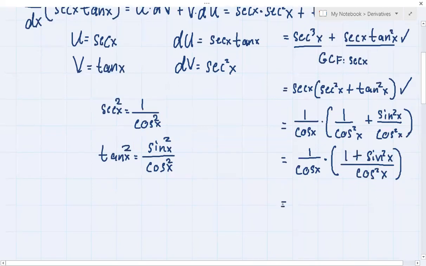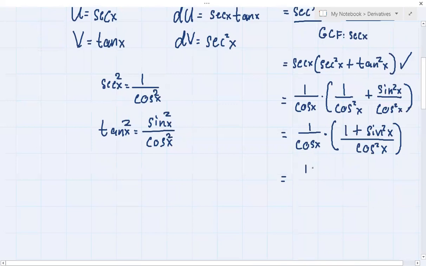Okay? Now, what we can do here is we will multiply them together. Okay? 1 all over cosine x times quantity 1 plus sine squared x all over cosine squared of x. So magiging 1 plus sine squared x all over the cube of cosine, or cosine cube of x.